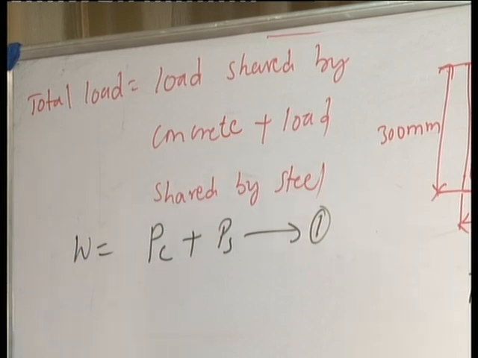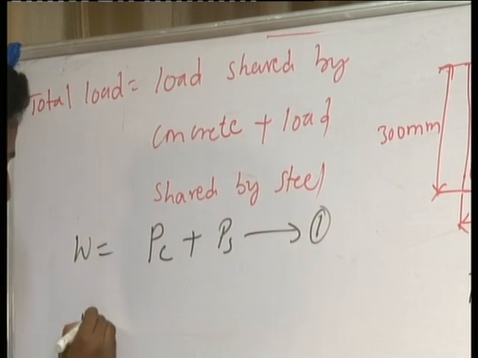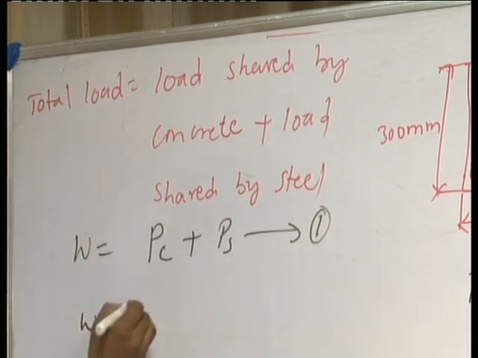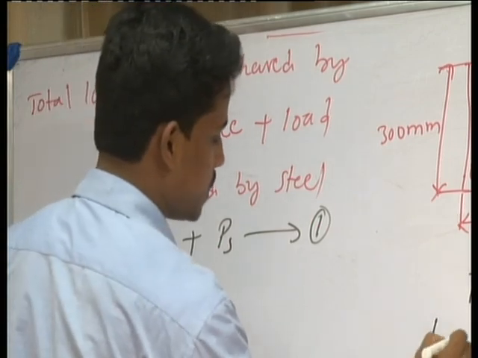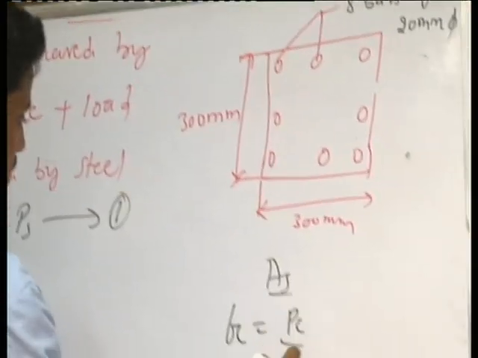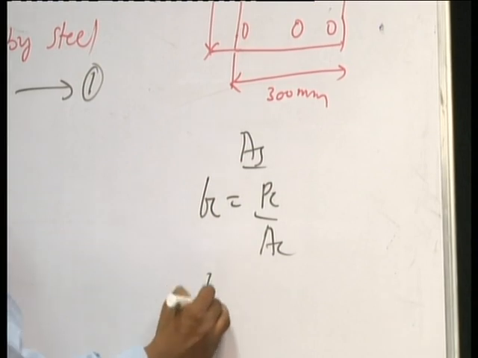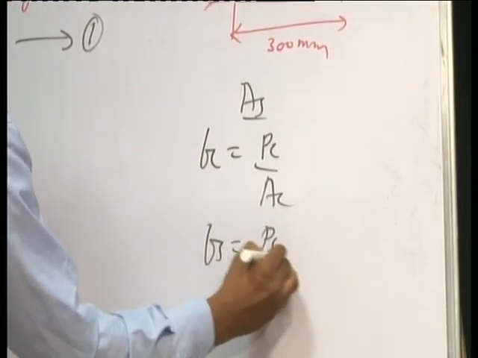So total load W is equal to, we know that stress FC is equal to PC divided by AC. I already told this in the last problem. So Fs is equal to PS divided by AS.